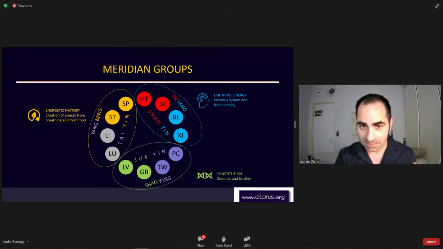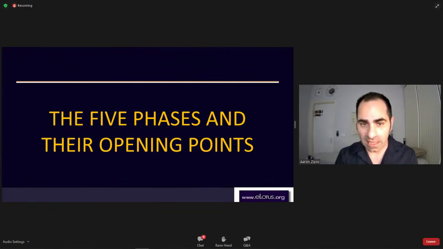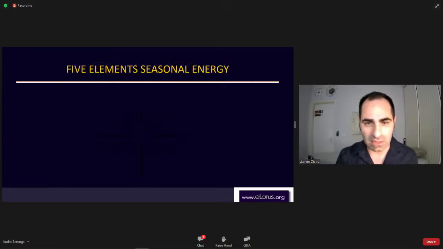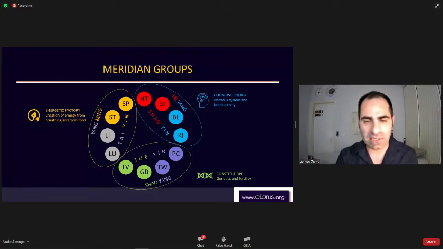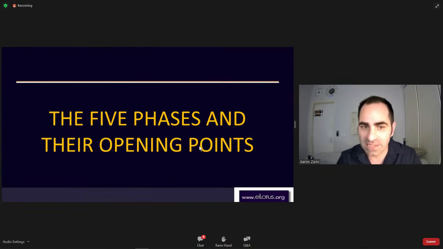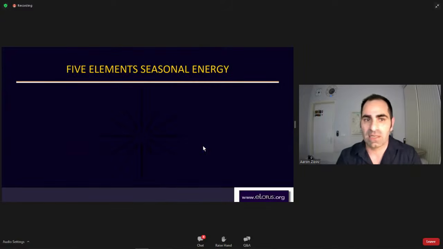There are cases like on the biorhythmic clock. I don't know if I've put this slide here. No, I don't think so. Maybe later I will see. I think I have it later on. Okay, so this is about the meridian groups. Then 5 phases and their opening points. So we have.